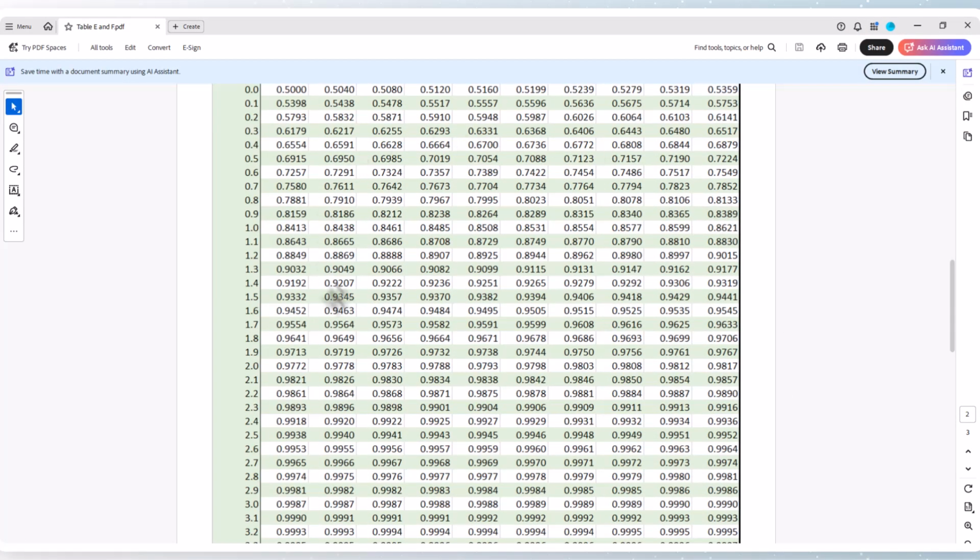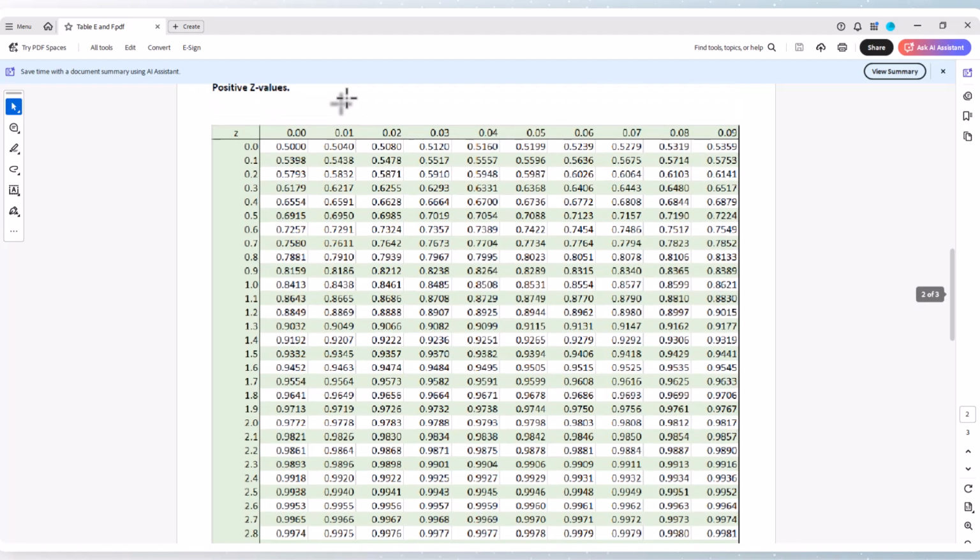So we have to look in the middle of the table for the area that's closest to 0.92. That would be this area here, 0.9207. And that's going to give us a z-value of 1.41.